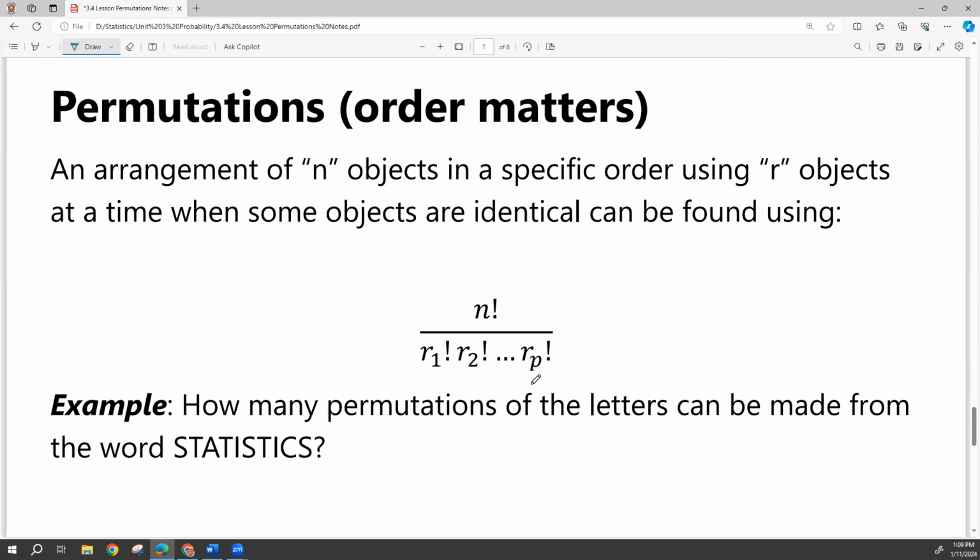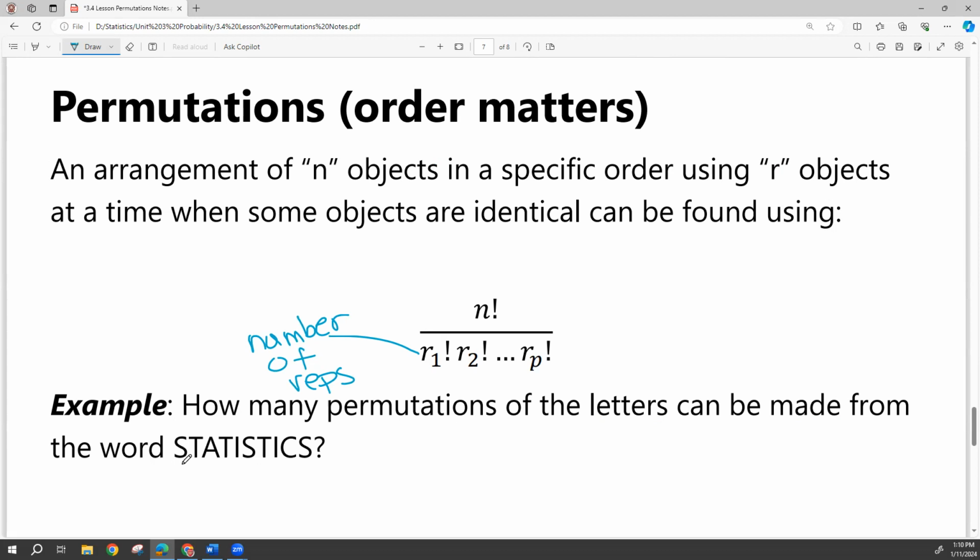This notation might be slightly confusing, but each of these r's is a repeated item. So r1 is our first repeated item, and r is the number of repetitions. I'm just going to say number of reps. r2 would be the number of repetitions for our second item, all the way till we get to our last item and that number of repetitions.